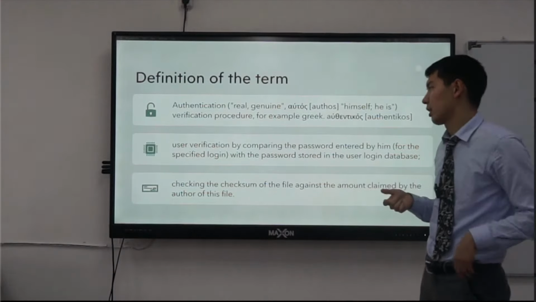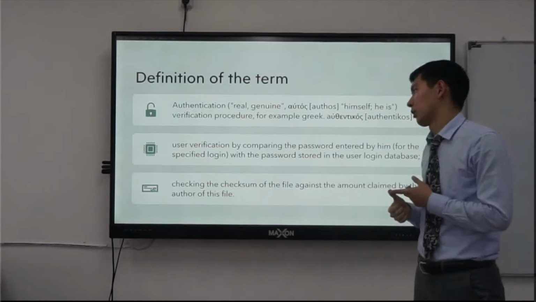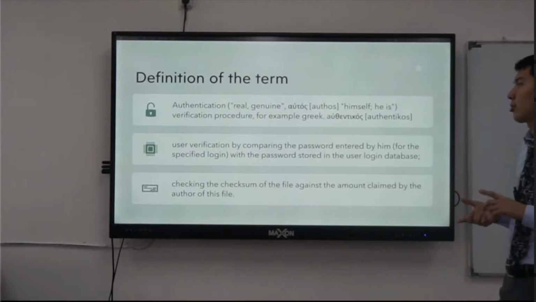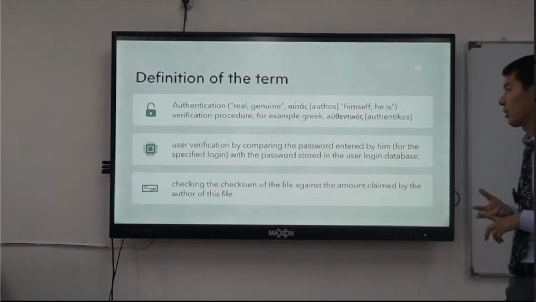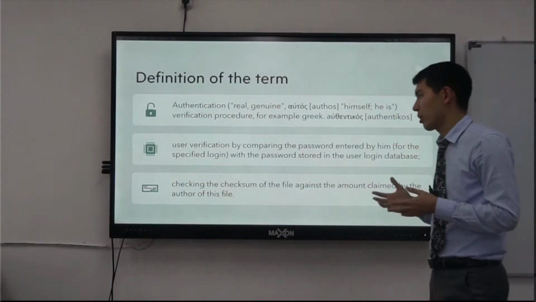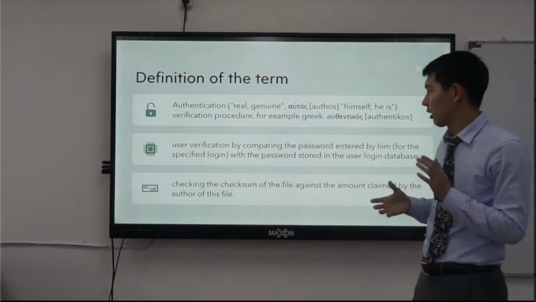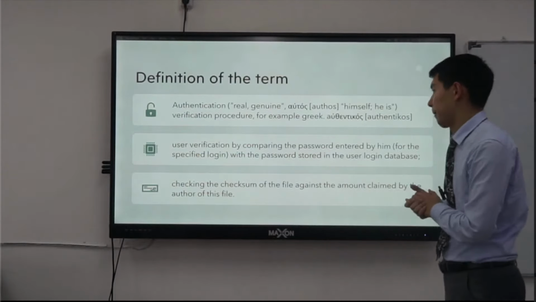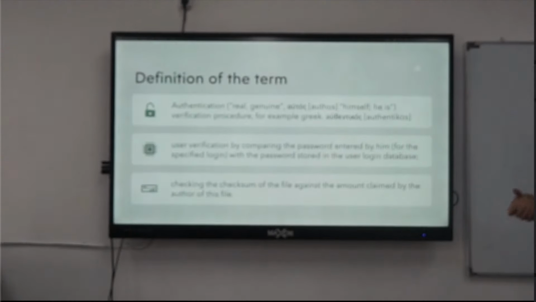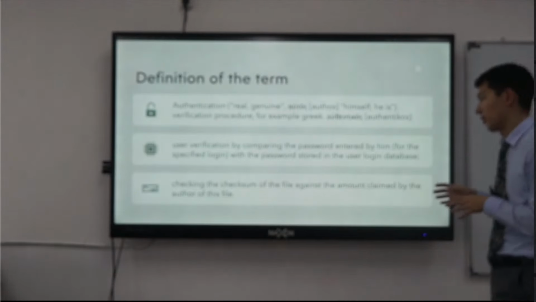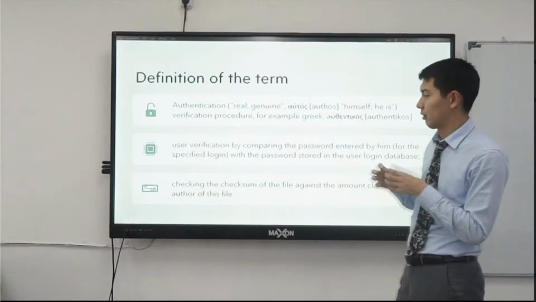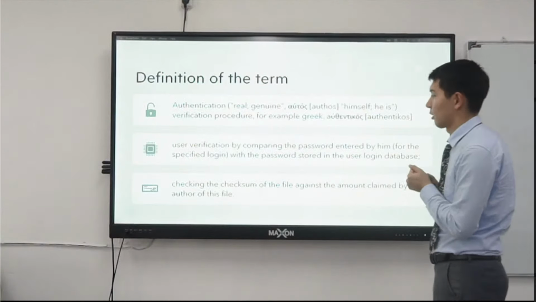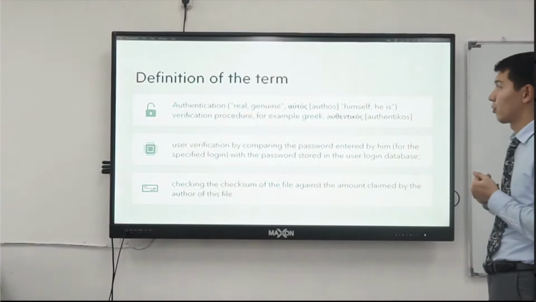For example, we have the bank database, maybe the eGov database, and all the passwords that we already set are stored there. Then we have checking the sum of the file against the amount claimed by the author of this file. So the file should also be the same as the one which was created before.